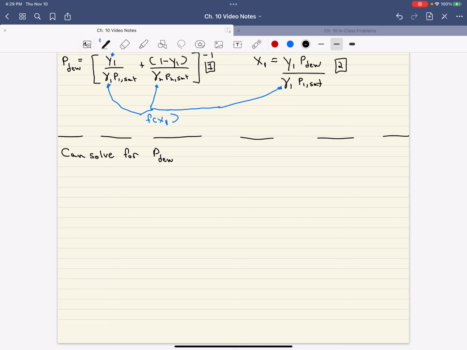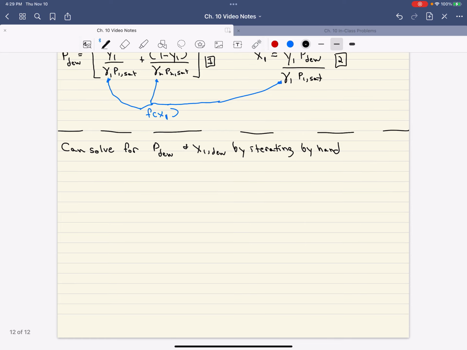Okay? And so what we're going to do is we're going to do a calculation that is in that same vein. So to solve for P dew and x1, we're actually going to do some iteration by hand. Okay? All right, and so I'm going to go through the different steps of how you iterate by hand.